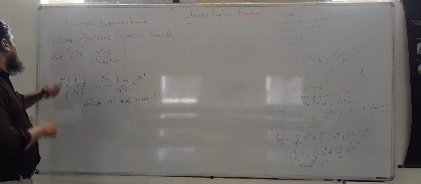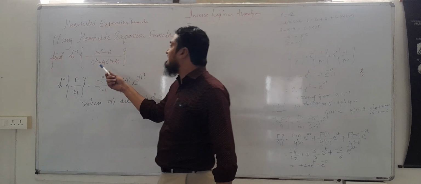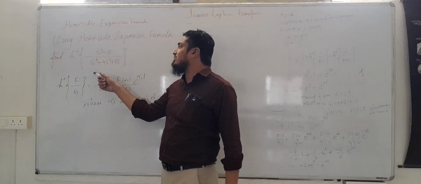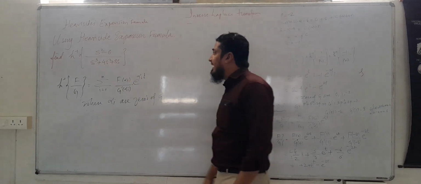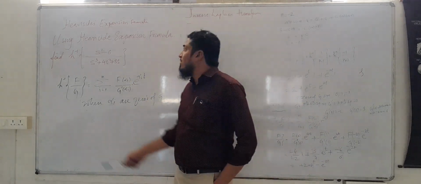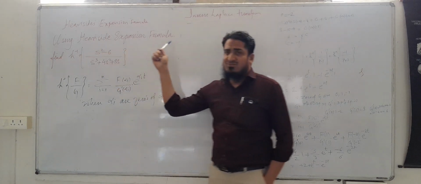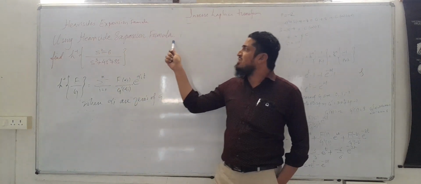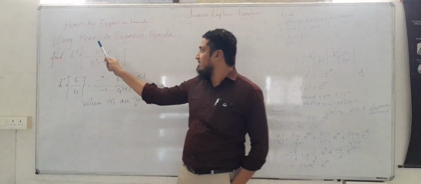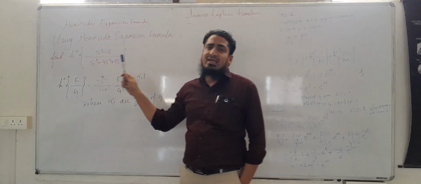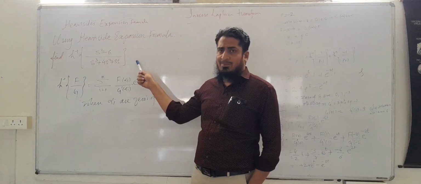Now we have to calculate the inverse Laplace transform of (s square minus 6) upon (s cube plus 4s square plus 3s), and we have to solve this example using the Heaviside expansion formula. If this statement is not given with the example, then we can apply partial fractions to solve it.